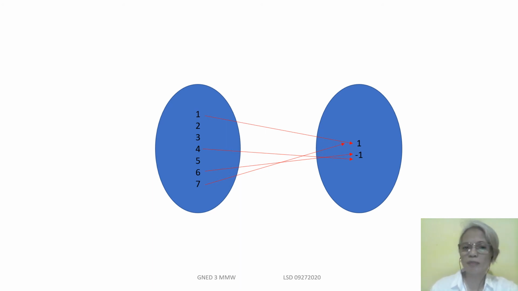This is still a function, because there is a specific element from set Y for every element x of set X. It's like you with this birthday, and you with this birthday, but you and this individual share the same birthday.